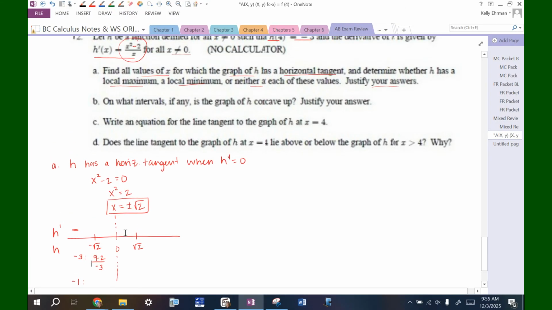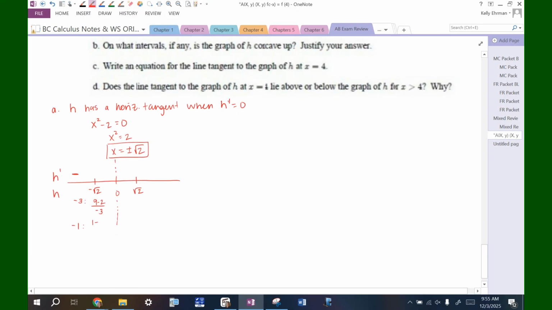So let me test -1. -1 squared is 1, minus 2, over -1. That's positive. And then I can test 1. That's (1 minus 2) over 1. That's negative. And 3 would be (9 minus 2) over 3.